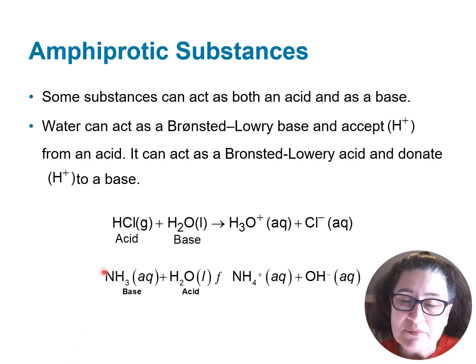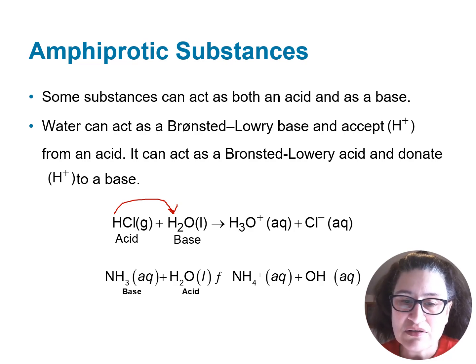Okay, there are some substances that can act as both acids and bases. Water is one of those substances. In the case of HCl, we saw that the HCl was donating the proton, so water was acting as the base because it accepted that proton.